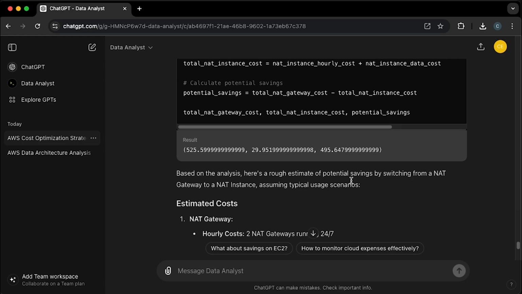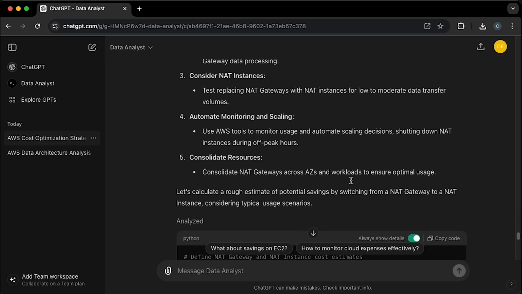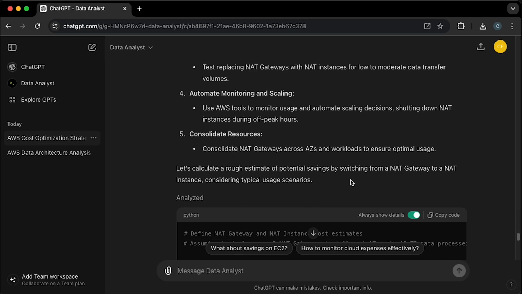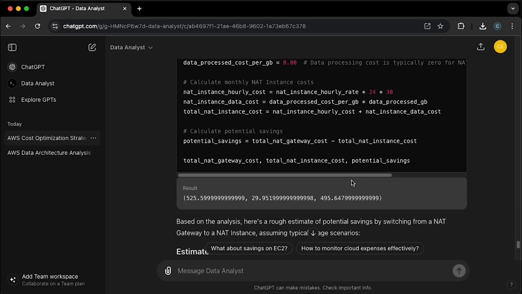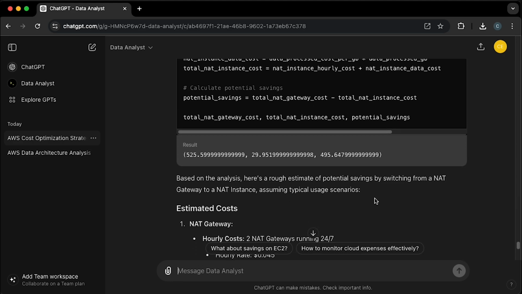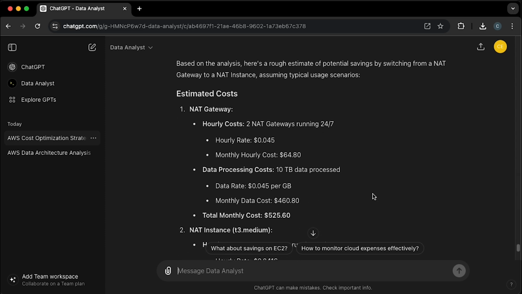ChatGPT even volunteers to provide you an estimate of savings if you were to adopt a NAT instance instead of a NAT gateway, including the code it used to generate the estimate and the estimated savings here at the bottom.